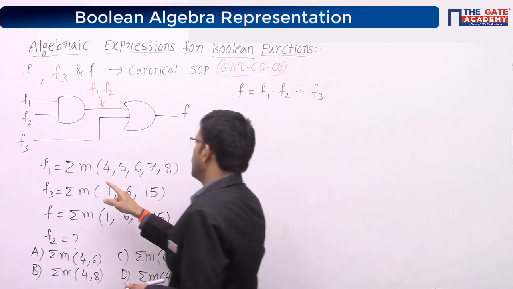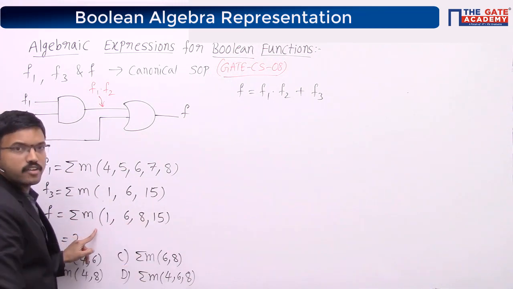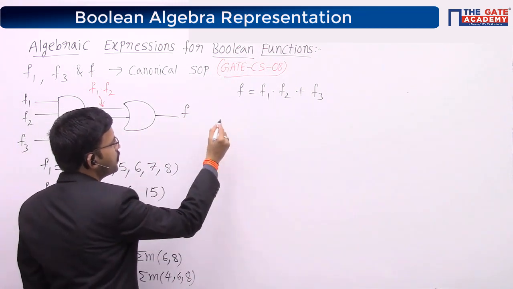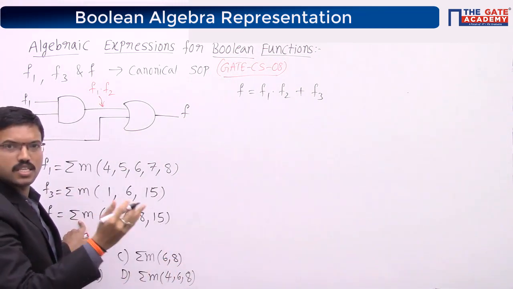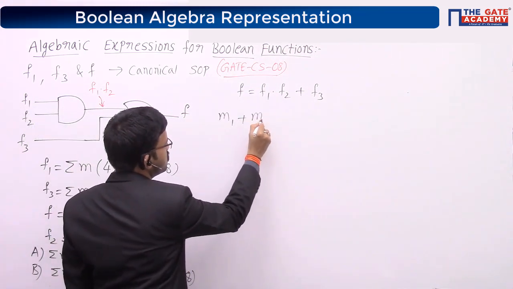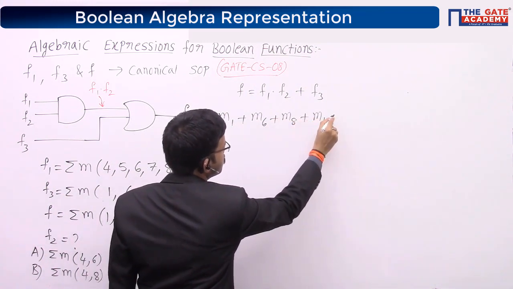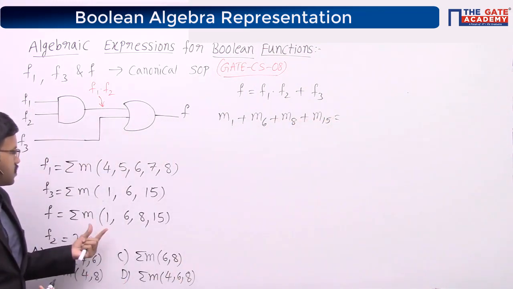Here he has given F. F is sigma m 1, 6, 8, 15. I am writing like this: sigma nothing but sum. M1 plus M6 plus M8 plus M15. He has given these 4 minterms.